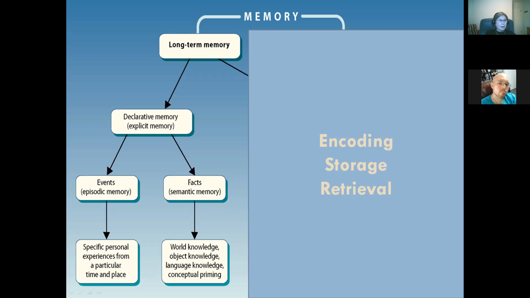Semantic memory, of course, is different because it is about facts that have nothing to do with your personal experience in life. Think of that as your mental lexicon, and it concerns facts that are context free.